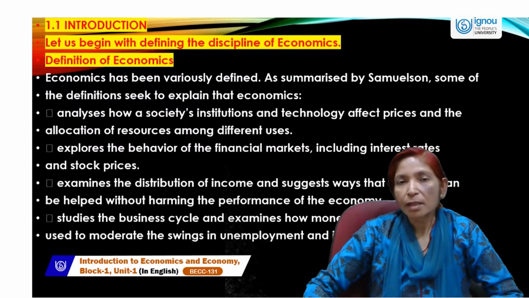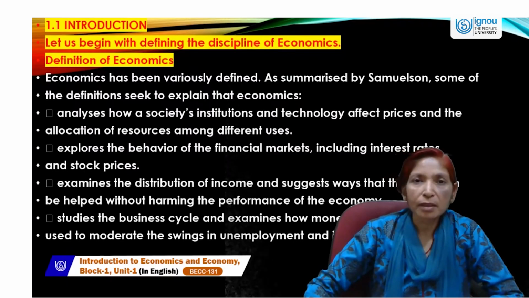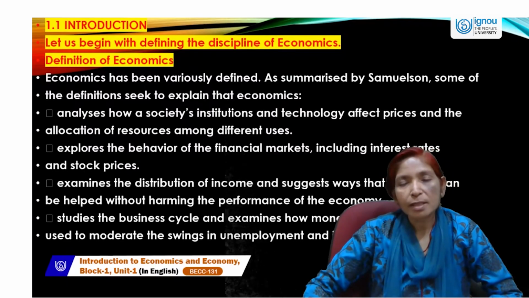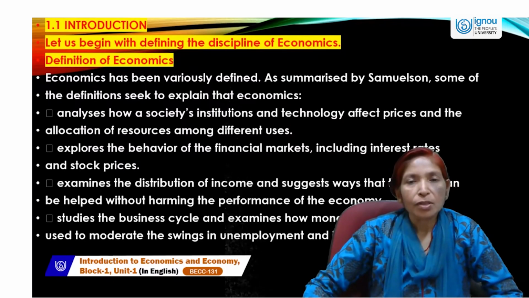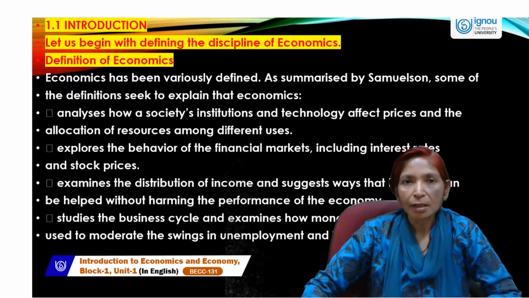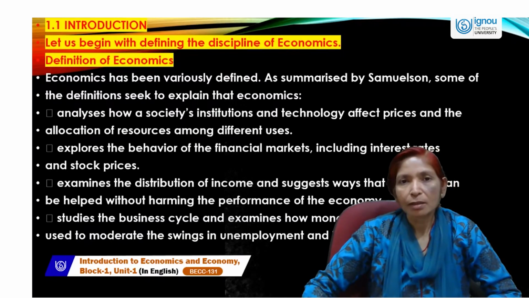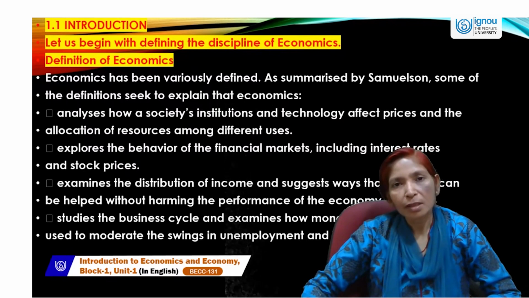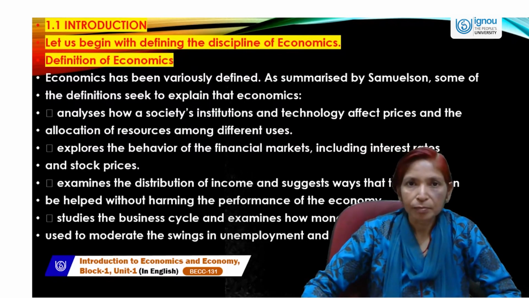So economics has been defined by many economists like Adam Smith, Marshall, Robertson, Samuelson, etc. Economics is generally a social science which deals with human behavior. Consumers always want maximum satisfaction through minimum spending, and producers always want maximum output through minimum cost.